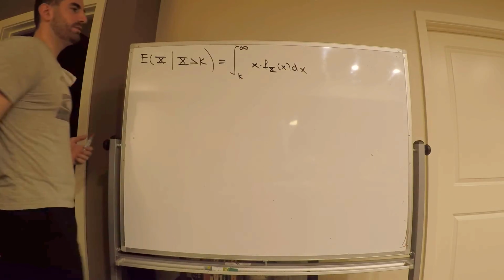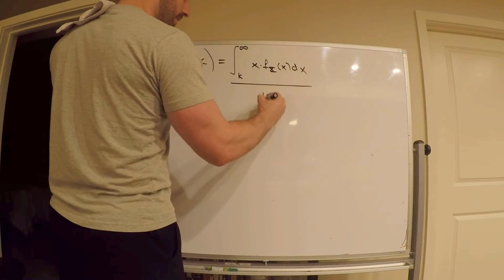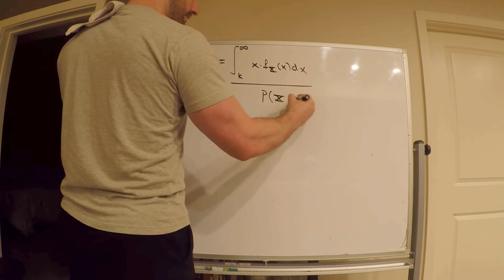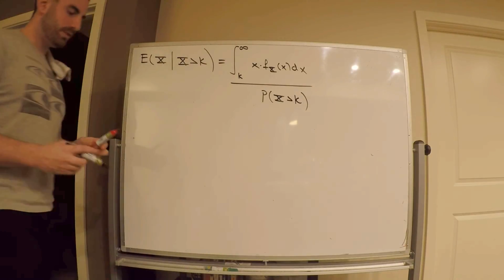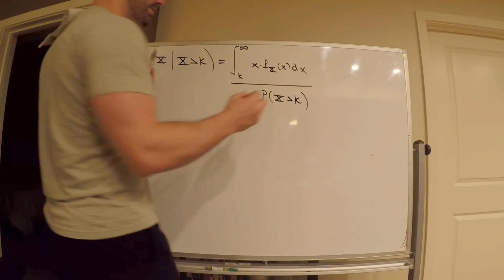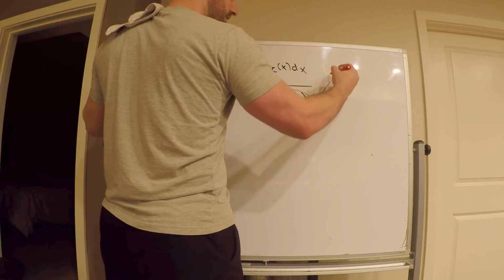We just found what that is, divided by the probability that x is greater than k. Now, the one thing I wanted you to prove, which I'm not going to prove, is this fact right here. I want you to show that this is n of d2.